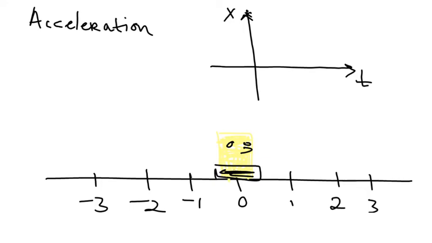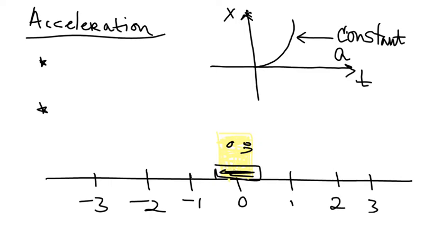If that happens, and you start at 0, what you're actually going to see is a parabola. So if you have constant acceleration, and I'm just going to write A for acceleration, then you have a parabola.